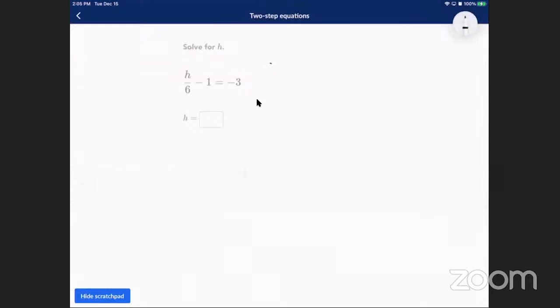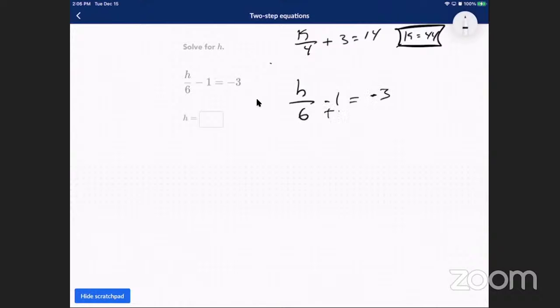So we have the same thing here, just like what we had in the last problem where we had this and k ended up being 44. We're going to have here h over 6 minus 1 equals -3. And then what we do is we solve for 1 on both sides like we did before. And then this would bring us down to -2.